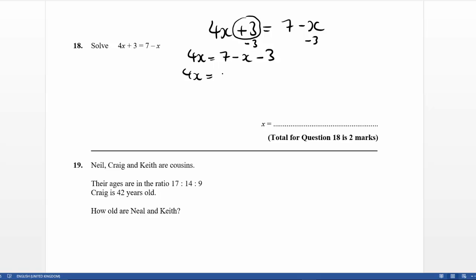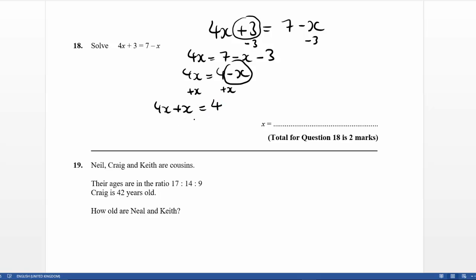7 minus 3 is going to be 4 minus x. The next step I'm going to do is add x to both sides to get rid of this minus x here. So that's going to become 4x plus x is now equal to 4.